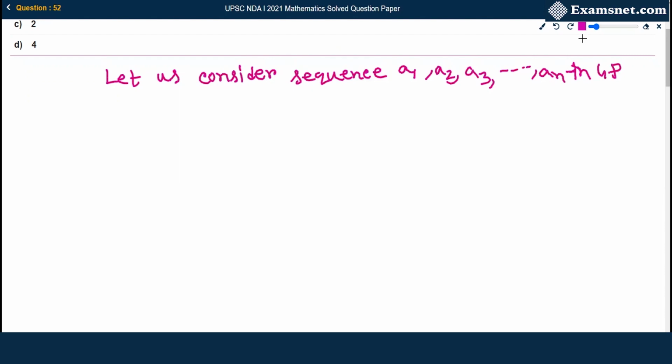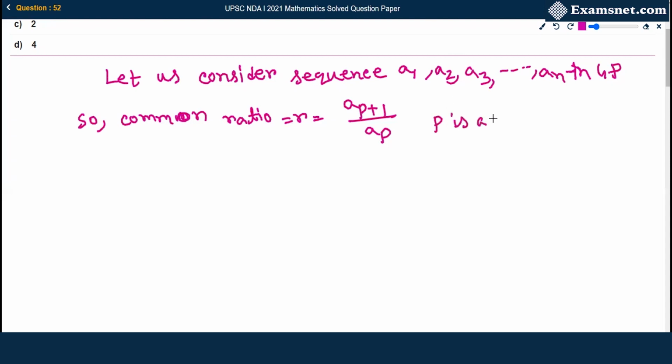If we multiply a constant with the preceding term, we will get the succeeding term. So the common ratio is constant. We denote it as R. That is, in general we write A(P+1) by AP, the common ratio is constant, where P is a positive integer.